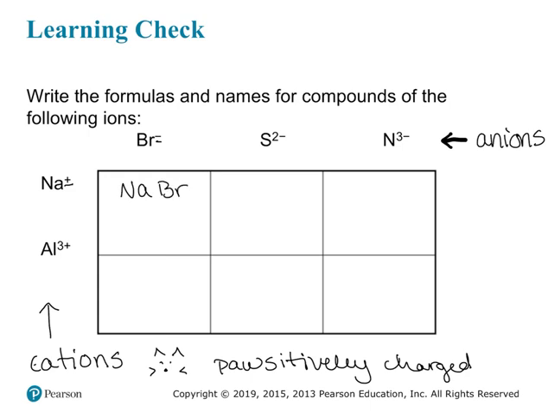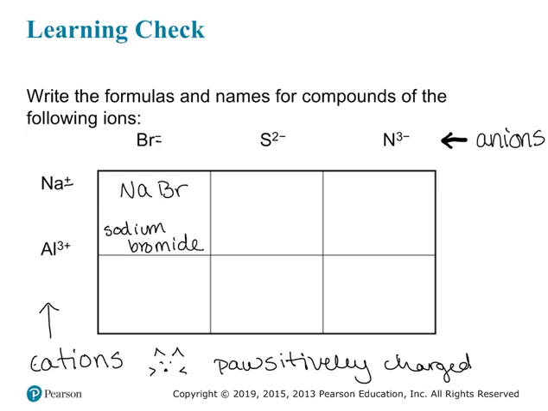So now we have a neutral ionic compound, and how would we name this compound? Sodium bromide. Okay, so let's go across that row.